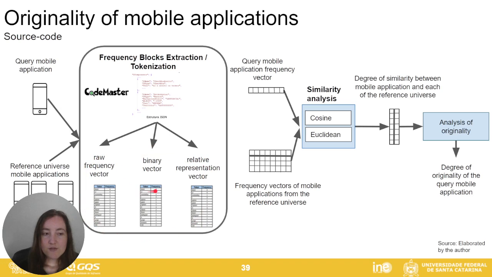Based on these vectors, we can use the target mobile app as an input and the reference universe for performing a similarity analysis using cosine or Euclidean distance or something similar. Based on the results of similarity, we can analyze originality and assign its degree.